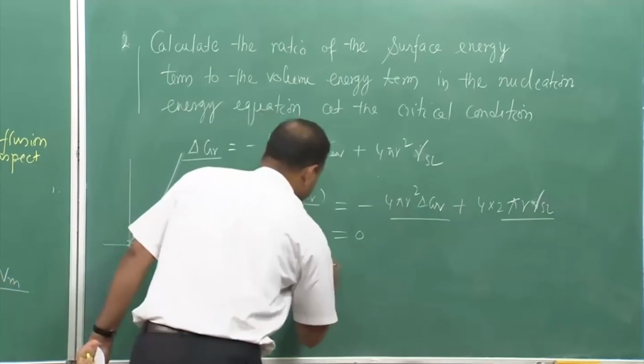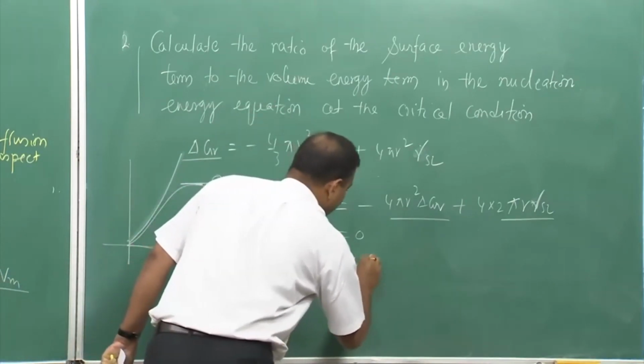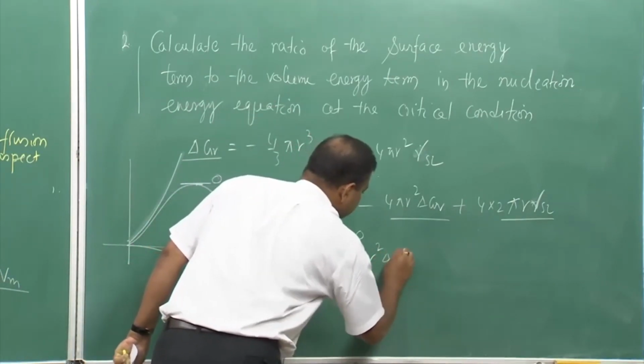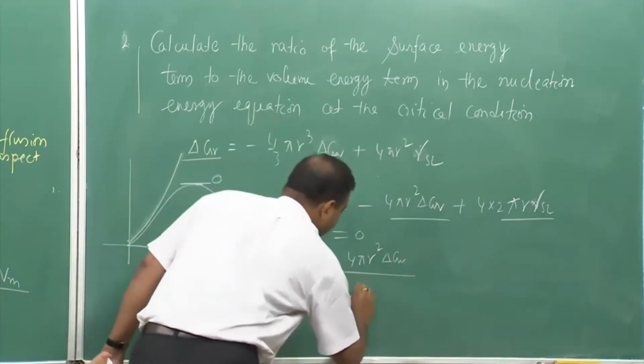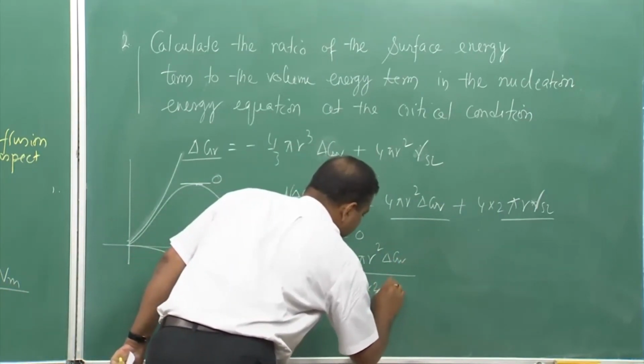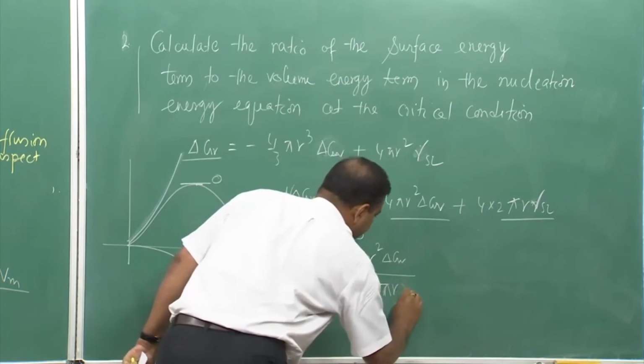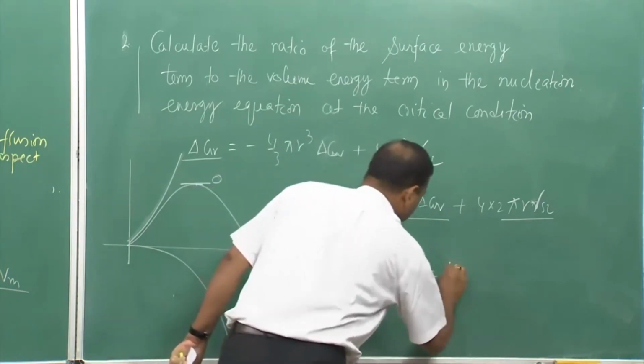So, from there I can say that 4 pi R square delta G V by 4 into 2 pi R gamma SL is equal to 1.